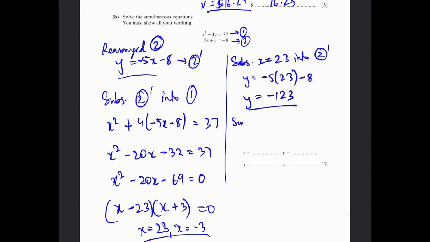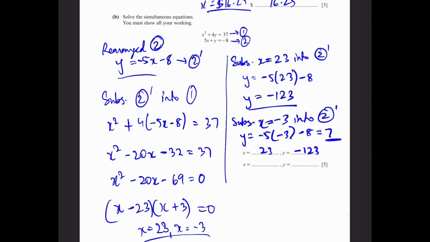And then substituting x equals minus 3 into 2 prime. Sorry, this is x. So y equals minus 5 times minus 3 minus 8, which is 15 minus 8, 7. So x equals 23, y equals minus 123, and x equals minus 3, y equals 7. That will be our answers.